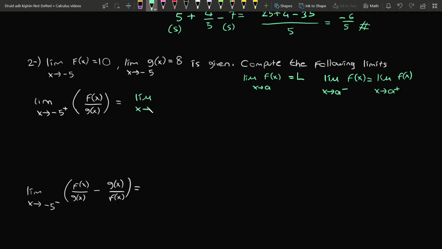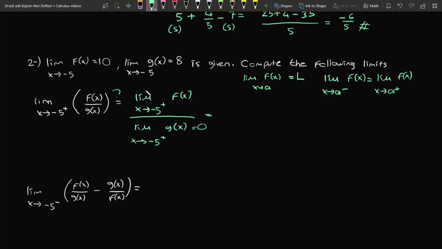Now, let's see if we can use our limit rules here. I'm checking if I can write this like this. So I'm going to get this. The issue is if my denominator is equal to 0 here, if the limit of g(x) as x approaches negative 5 from the right side is 0, I cannot do this.